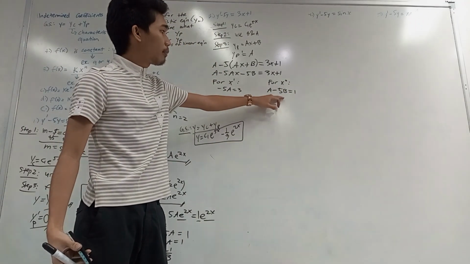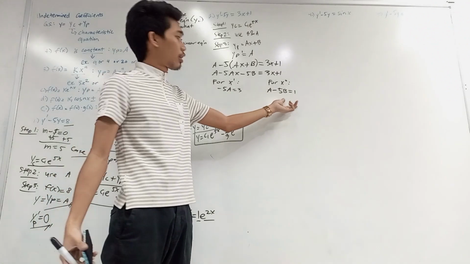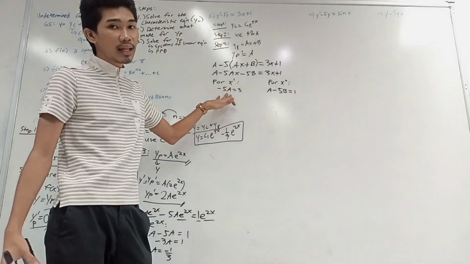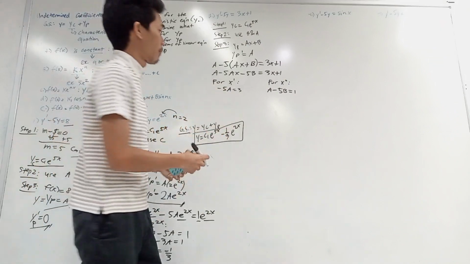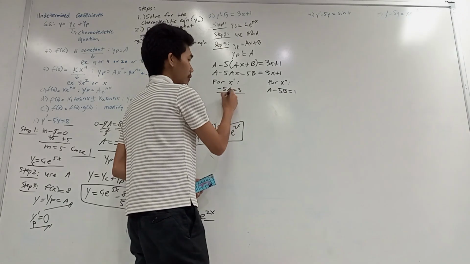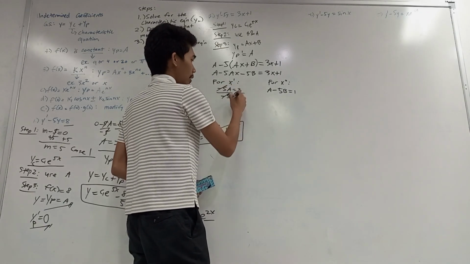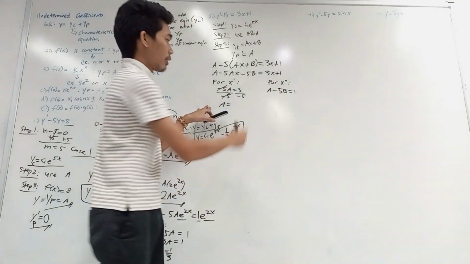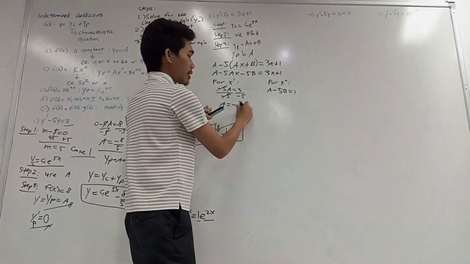So makita natin, meron tayong 2 equations and 2 unknowns. Pero makita natin dito is, masolve naman natin kaagad si a. So dito tayo start. Divide both sides by negative 5. We get a is equals to negative 3/5.